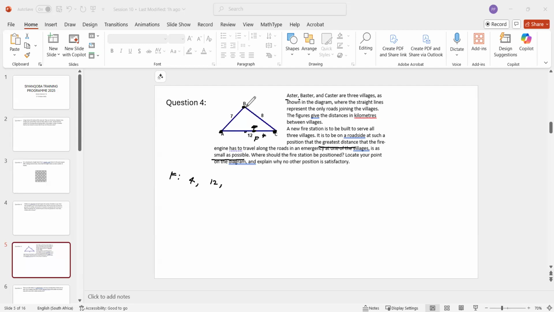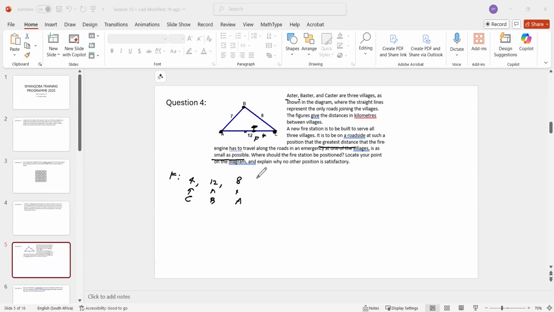If the fire is at B, and then if you go this way, and then if the fire is at C, it's like this, and if the fire is at A, so this is from near 4 so it's 8.